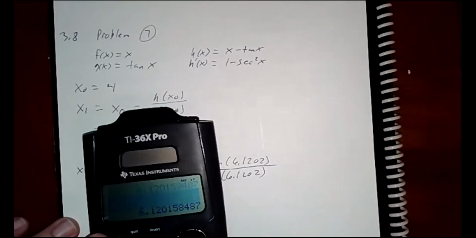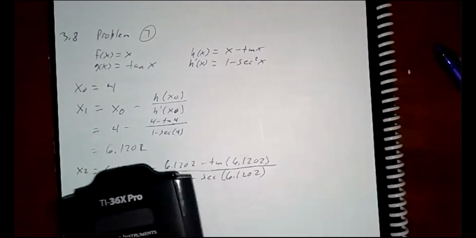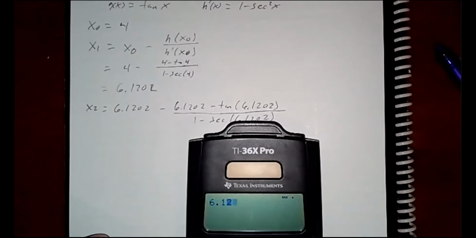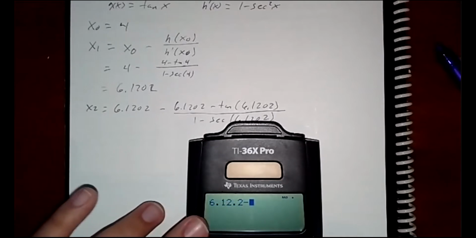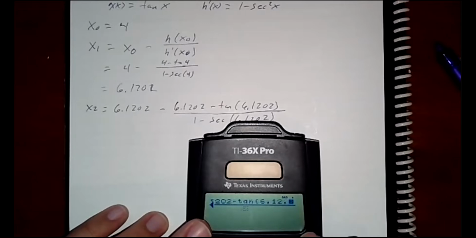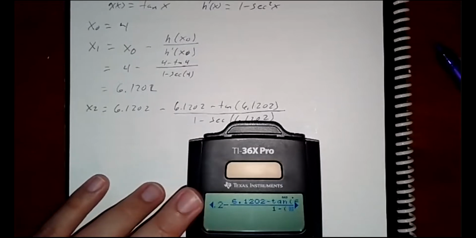So I'm just going to use what I typed earlier and replace it, well, no, it's not going to be easy. 6.1202 minus tangent of 6.1202, one minus 1 over cosine of 6.1202 squared.